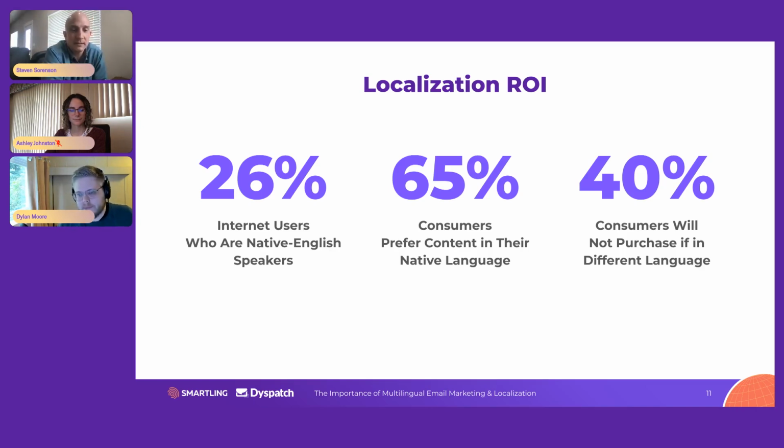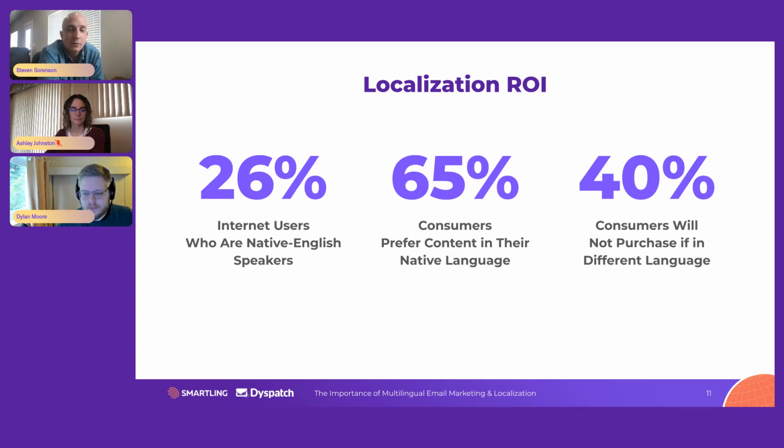Some of the big statistics here: the majority of the internet is not native English speakers. Only 26% of the internet speaks English natively. Along with that, users prefer that content be in their own language. This allows them to want to buy more frequently if it's in their own language.